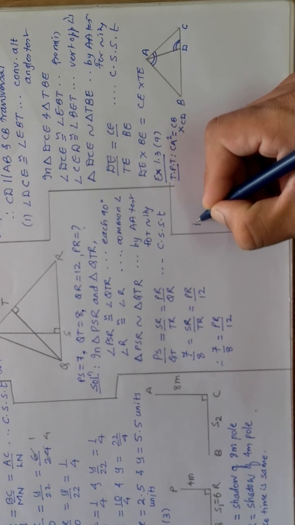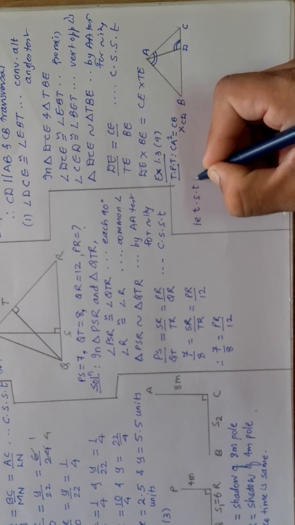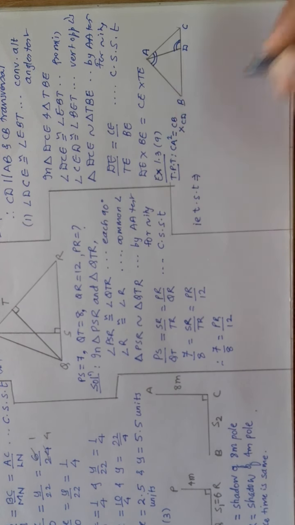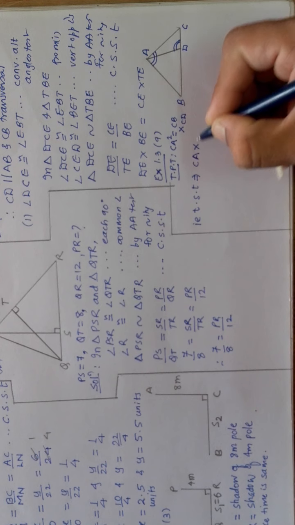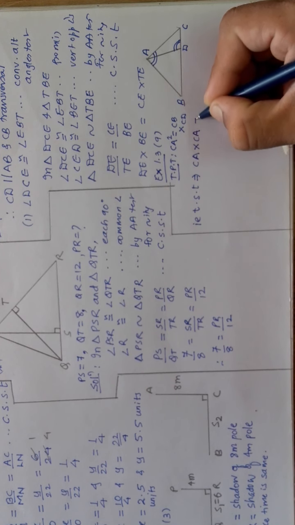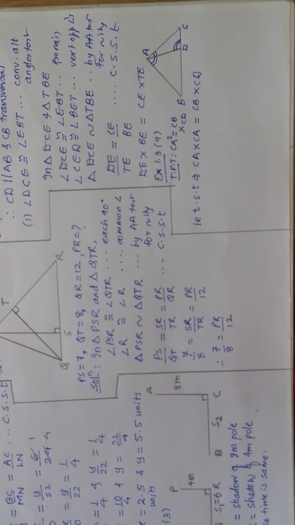I will only say that what I want to show is what I am thinking on. If this is expected, that means I can even show CA into CA is equal to CB into CD. CA square is written as CA into CA. Right. Means I can show this one also.